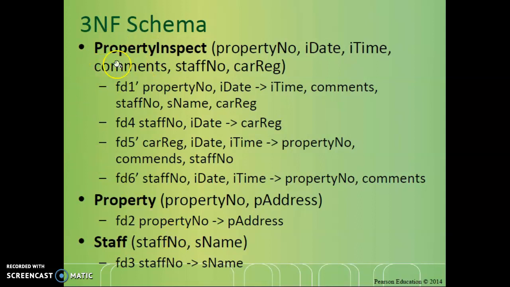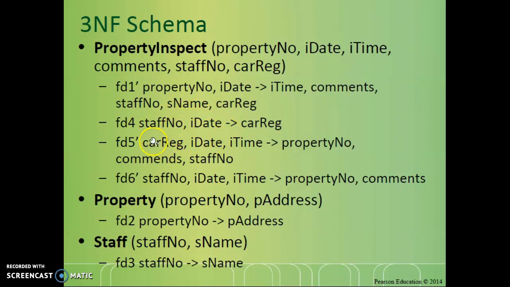Now we have to check the property inspect table, and check all the functional dependencies related to it. Here you can identify FD4. If you take FD4, functional dependency 4, the staff number comma IDate is not a candidate key.